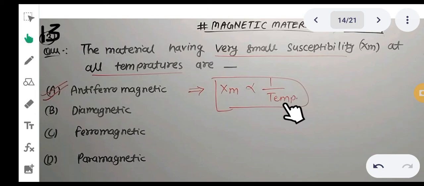So for all temperatures, because we are dividing by a larger value, the Xm is going to be small for all higher temperatures. That's the relationship for antiferromagnetic materials, and hence the susceptibility will always become very small.